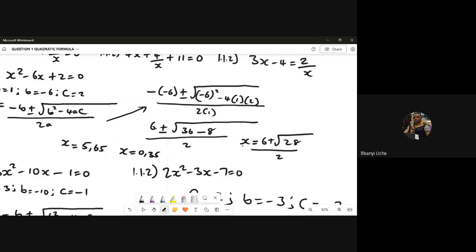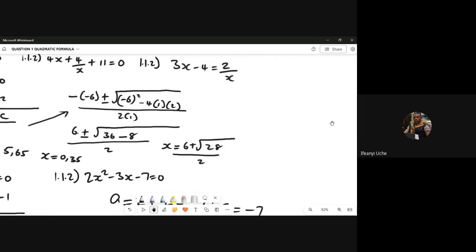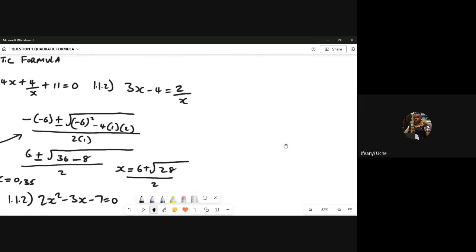Then we look at the next one on our list, which is, let me write it out here, 4x plus 4 over x, then plus 11 equals 0.